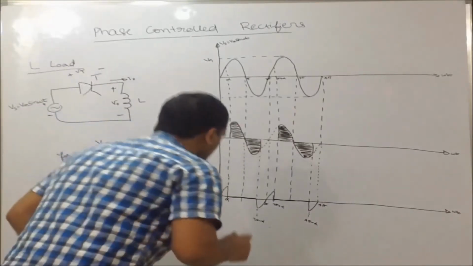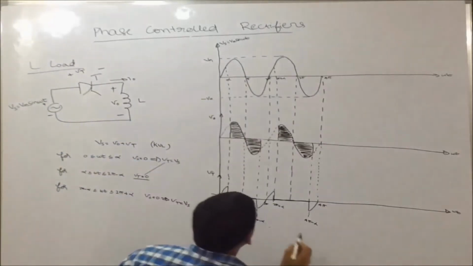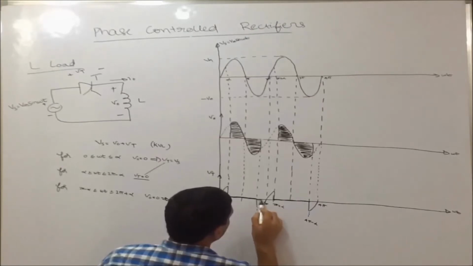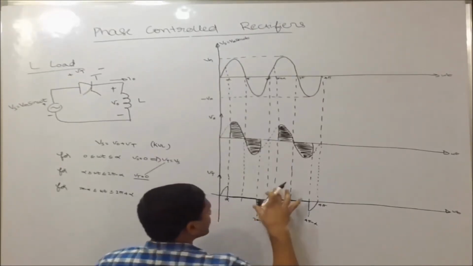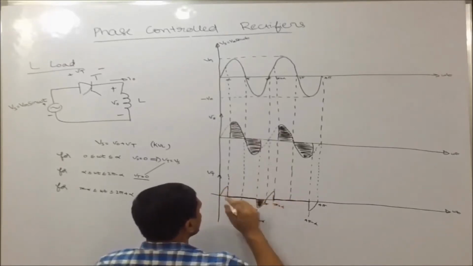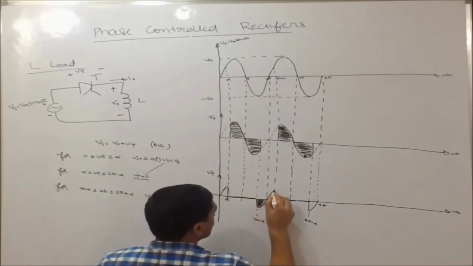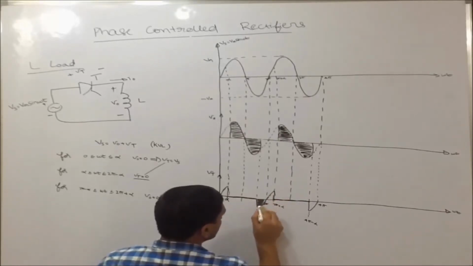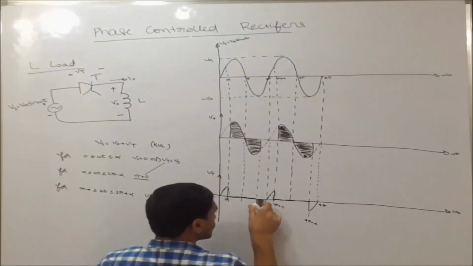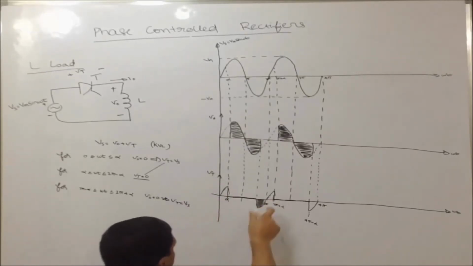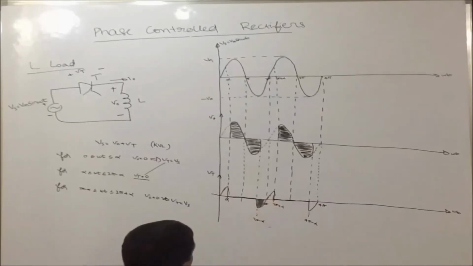I want to find out the commutation time. Commutation time is the time for which the SCR is reverse biased. Out of this waveform, only this portion reverse biases the thyristor. So this gives me the commutation time.